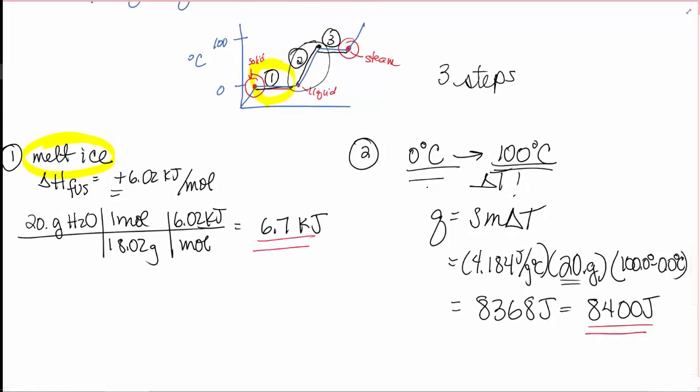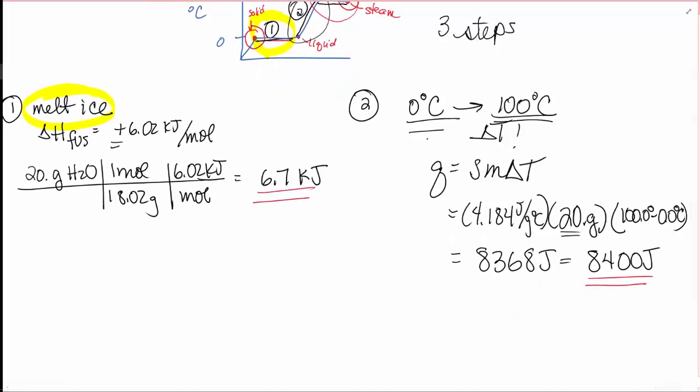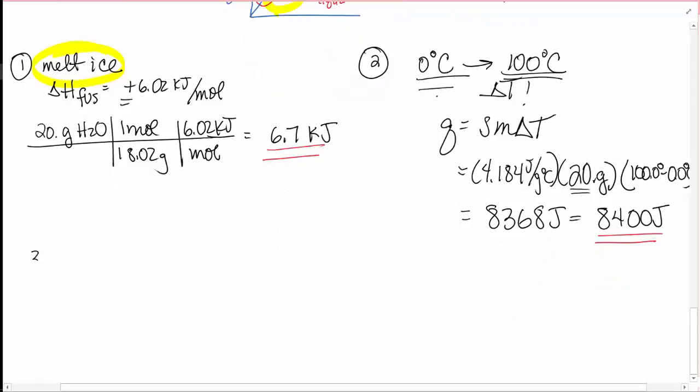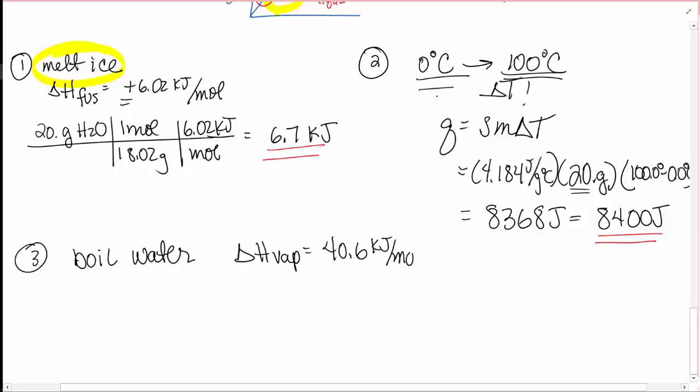And now I have one more step, step 3. So in step 3, I'm going to boil it. Well, the heat of vaporization for water is 40.6 kilojoules per mole. I need a sign for that. Energy in to boil it, so positive.